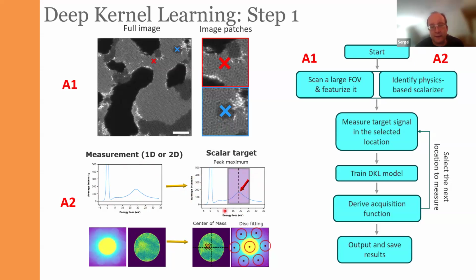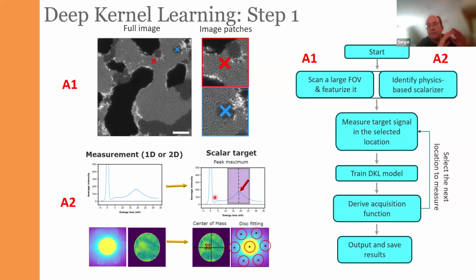So anything that takes the spectrum and transforms it into a single measure of interest, or maybe several, if we want to do a multi-objective process. So the scalarizer is our reward function.